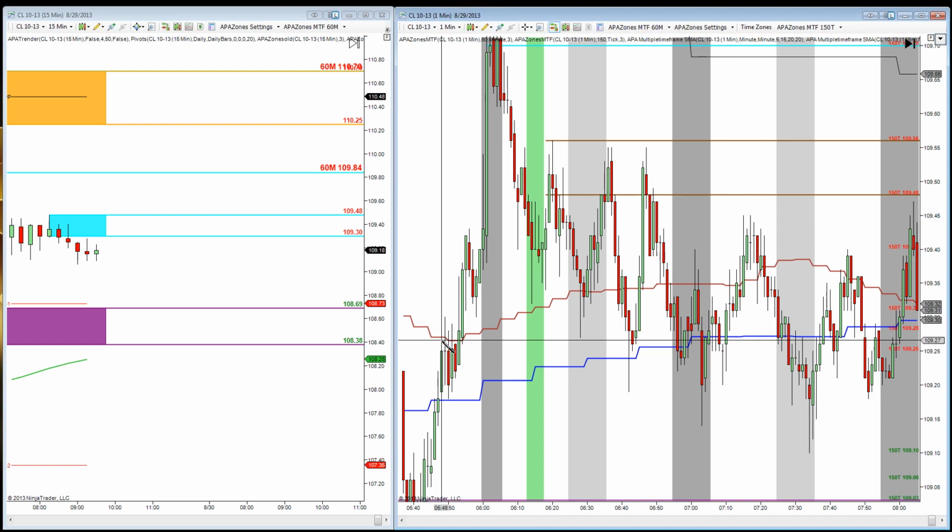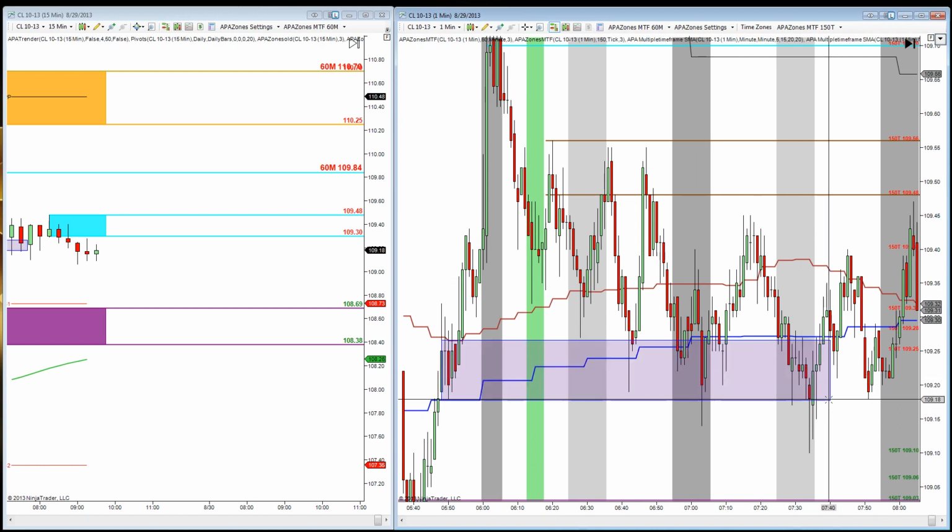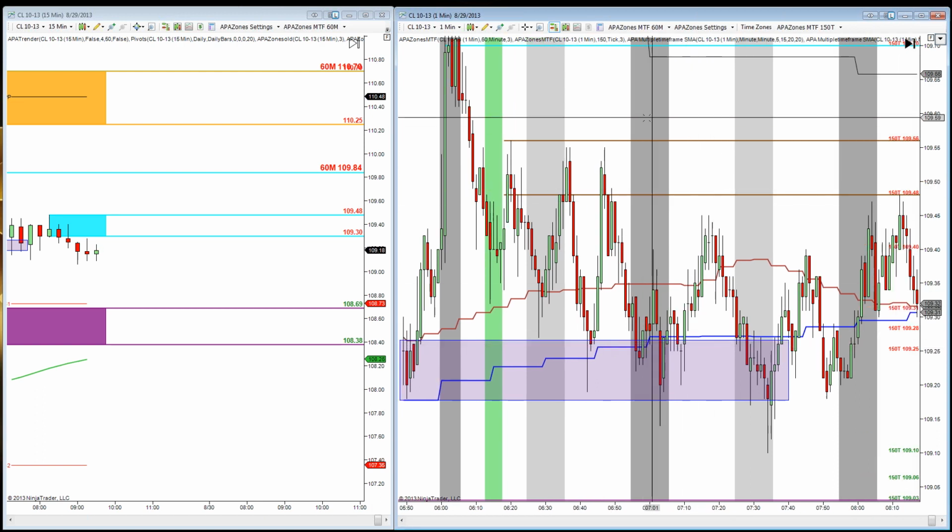So I think the bottom of this was down here, but for a long period today during the crude oil movement, we were moving back and forth in between this 150 tick zone and another 150 tick zone down here.